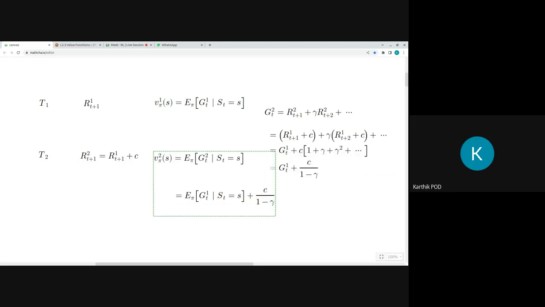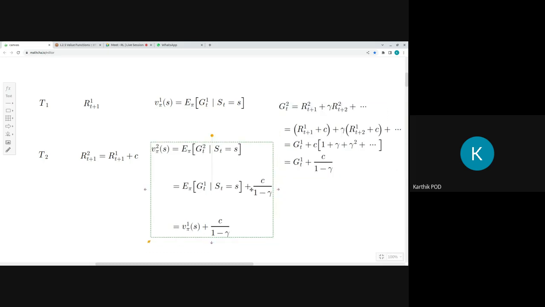What is this expectation going to be? It is the value function in world 1, so it's the value function in world 1 of s plus the constant C by 1 minus gamma.